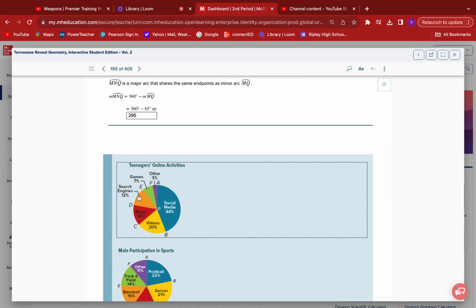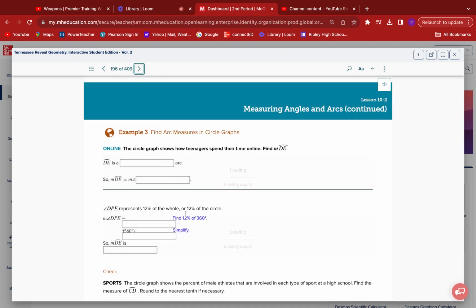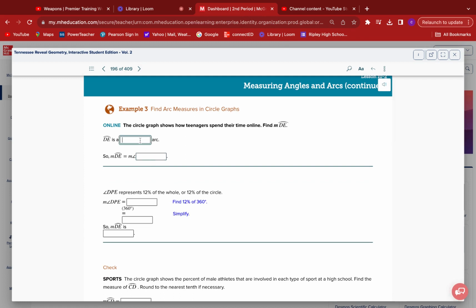That's a minor arc, by the way. Oh, they want the name of the angle. Okay, so it would be angle DPE.